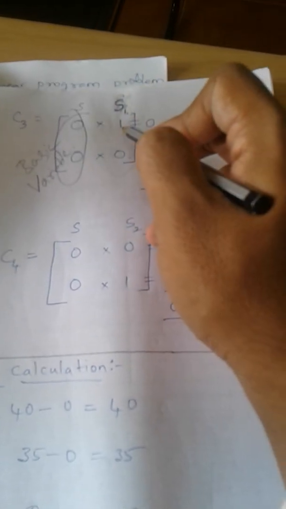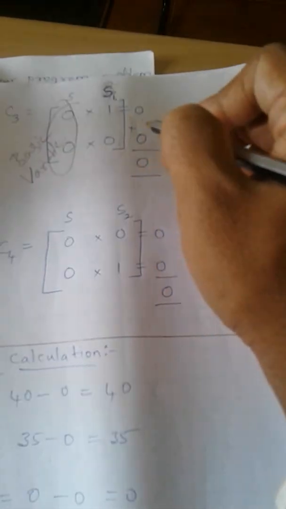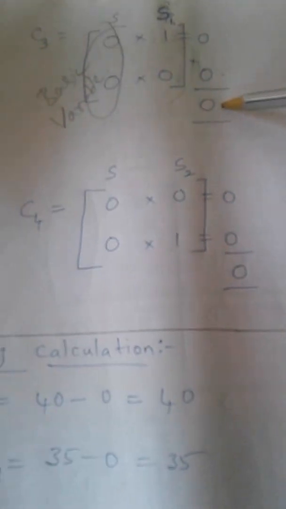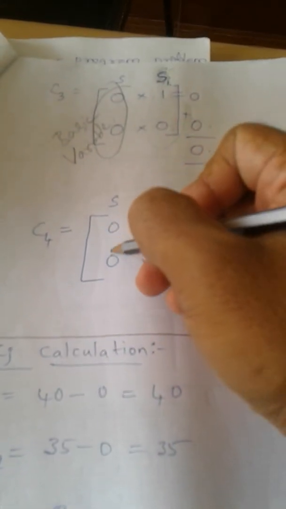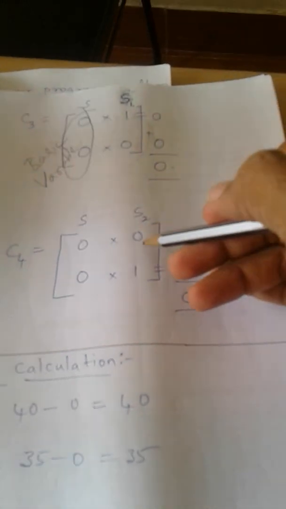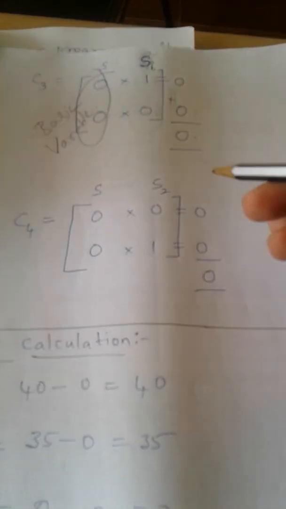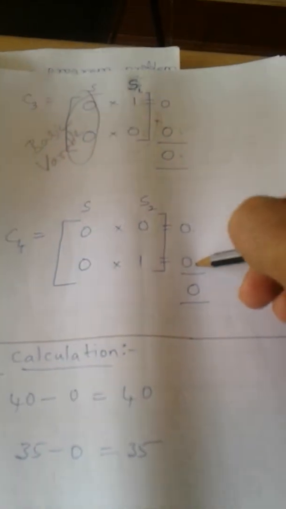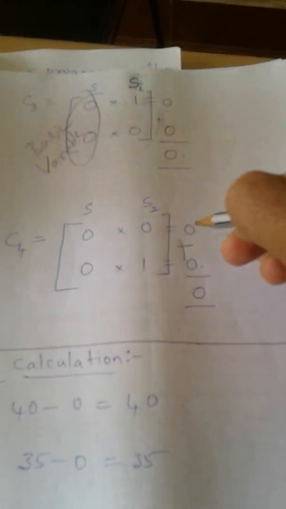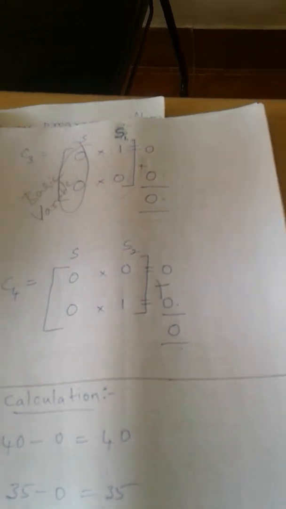Now 0 into 1 is 0, 0 into 0 is 0 again, so when we add these two values we get 0 itself. Next is C4, again the same thing. The basic variable column is 0 and 0, and the S2 column in the table is 0 and 1. When we multiply we get 0 and 0, and if I add these two values again I get 0.